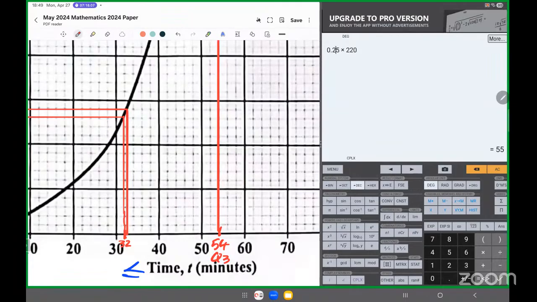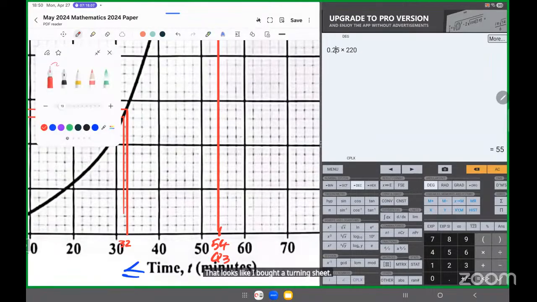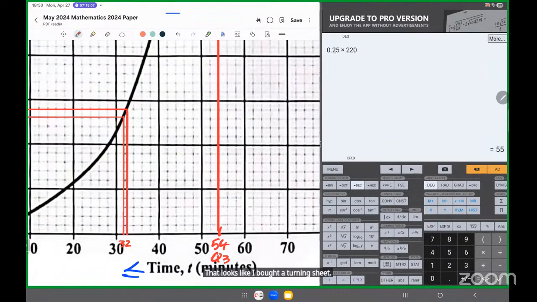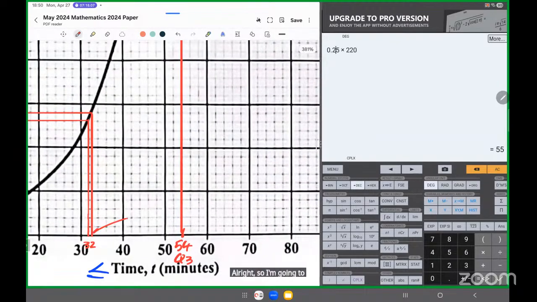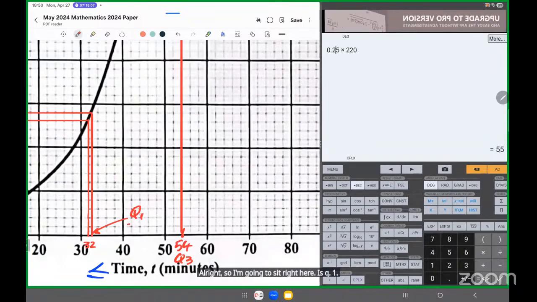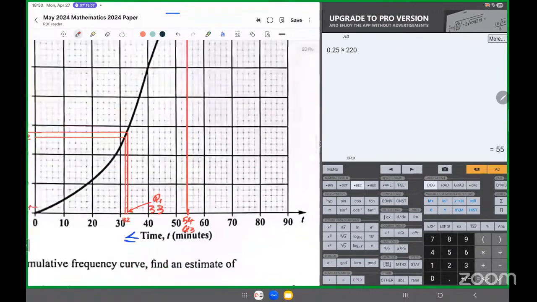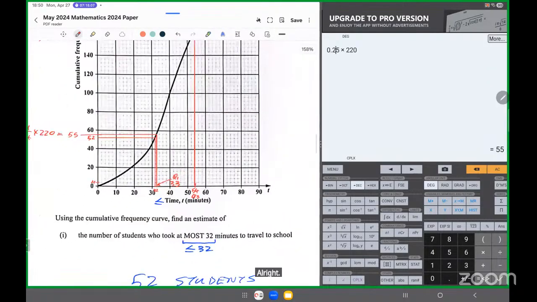That looks like about 33. That looks like about 33. All right, so I'm going to say right here is Q1. I'm going to put that as 33.